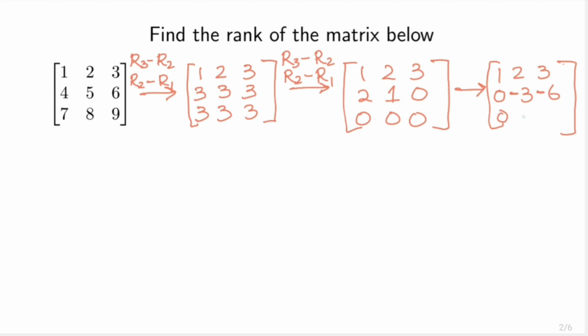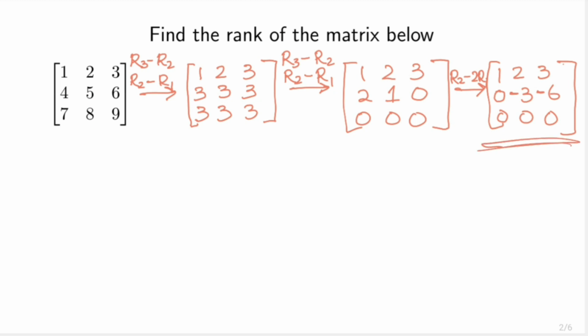And then we have 0, 0, 0. So here, we subtracted twice the first row from the second, so R2 minus 2R1. That's what we did, and that gives us this result.